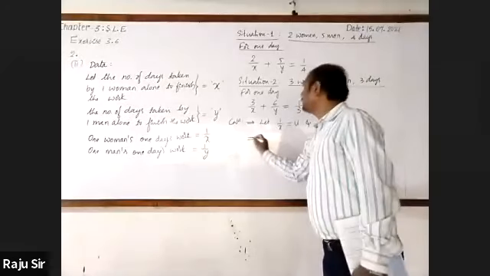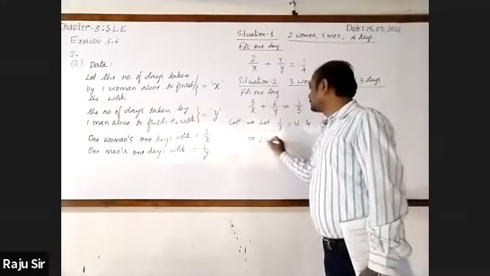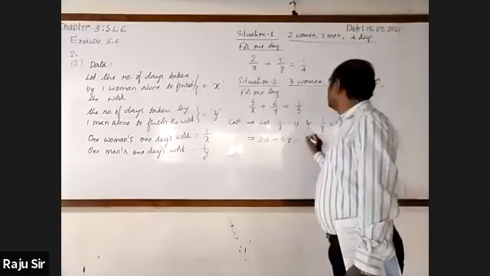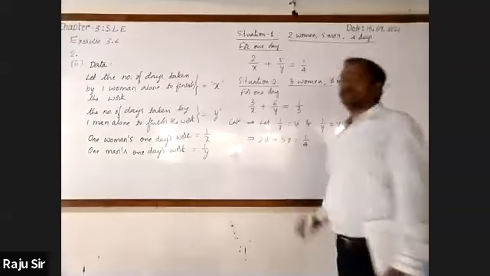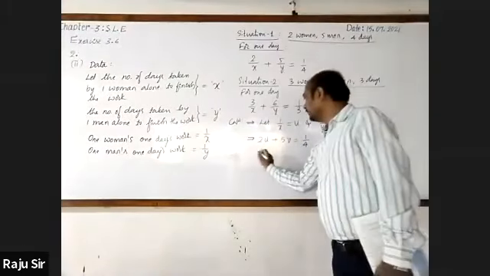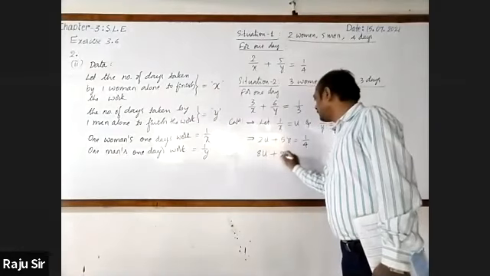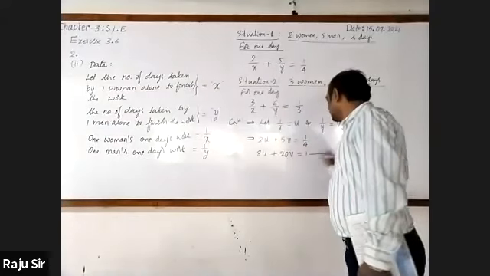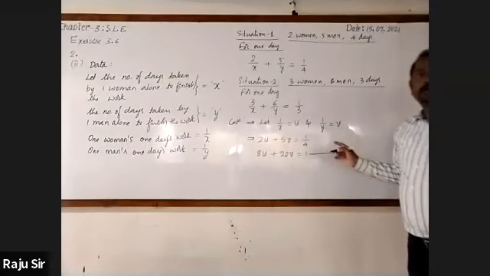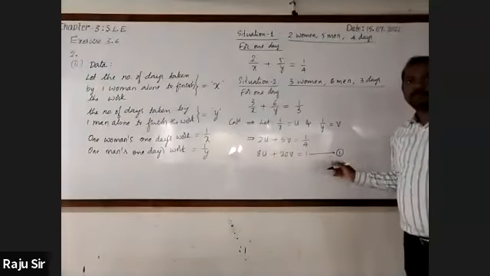Then the first equation can be written as 2u plus 5v is equal to 1 by 4. Next, cross multiply this: 8u plus 20v is equal to 1. Call it equation 1.